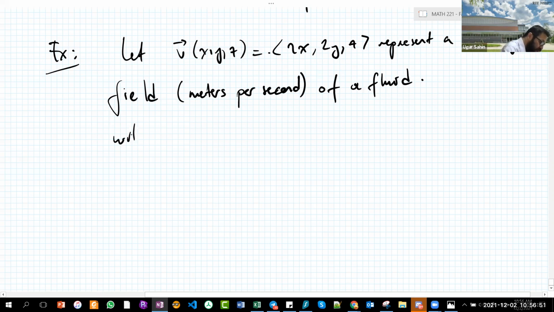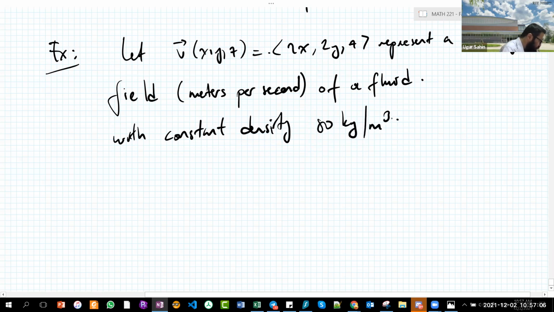with constant density at any given point, 80 kilograms per cubic meter. Okay, this is the information about your function. There is another statement which gives us some other information about my surface.